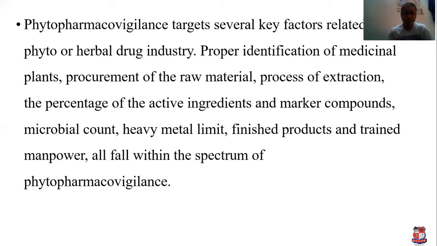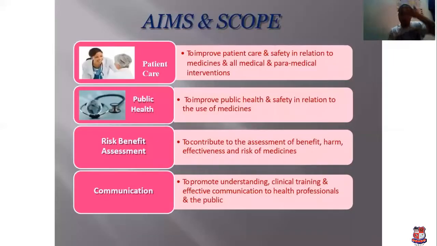So we should consider these key factors, or these points, to know the phytopharmacovigilance of herbal drugs. Now we move on to the aims and scope of phytopharmacovigilance or pharmacovigilance. These are the different scopes, like patient care. We can improve patient care by knowing the pharmacovigilance and safety in relation to medicines and all medical and paramedical interventions.